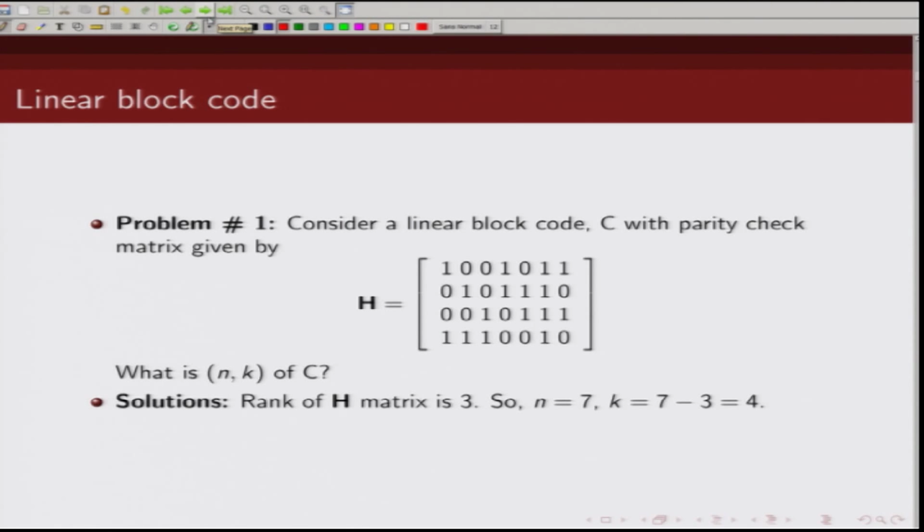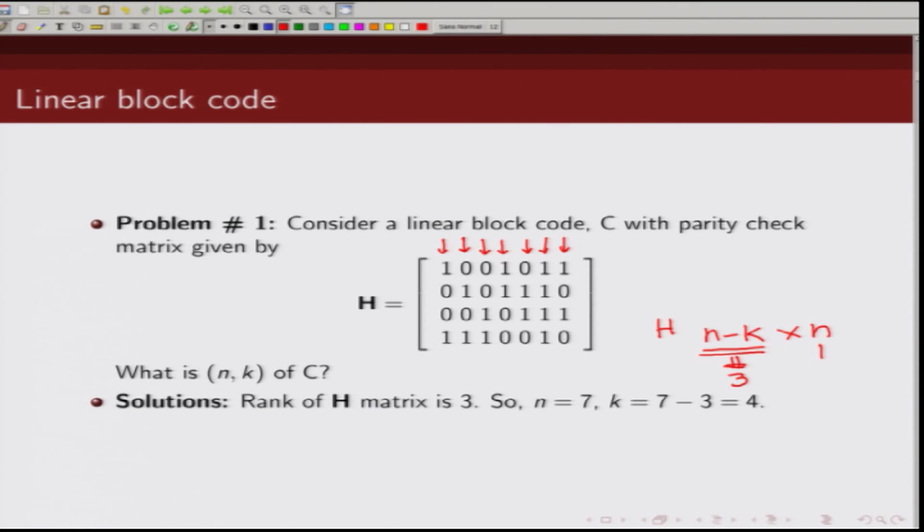If the rank of this matrix is 3, now we know the parity check matrix is n minus k cross n. So, n minus k is in our case equal to 3. And what is n? n is the number of columns, so that is 1, 2, 3, 4, 5, 6, 7.